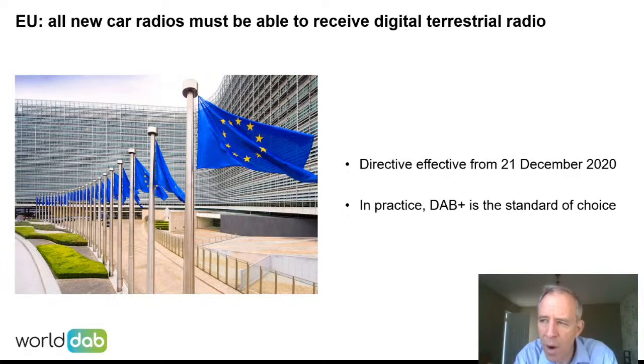That requires all new car radios within the EU to have DAB+. To be clear, to have digital terrestrial radio. In practice, that means DAB+. And we've seen a massive change. I've just had the latest figures: in France, as an example, 82% of new cars already have DAB+ as standard.